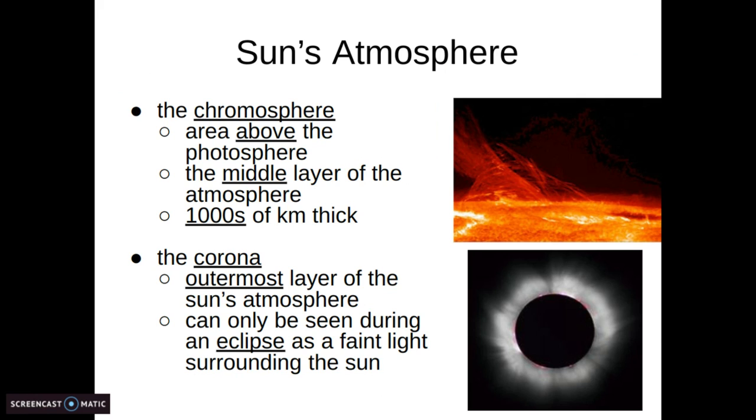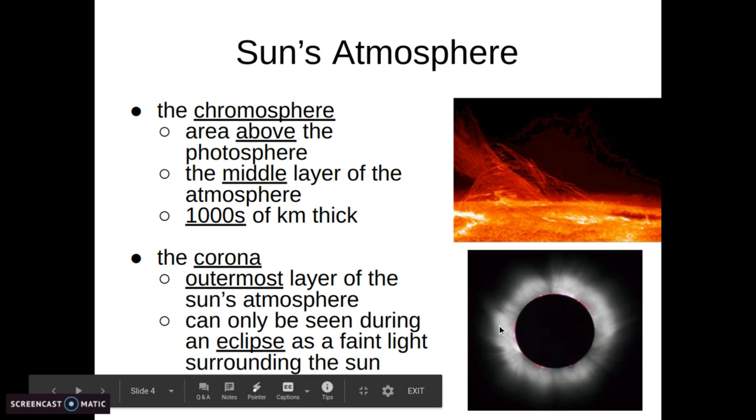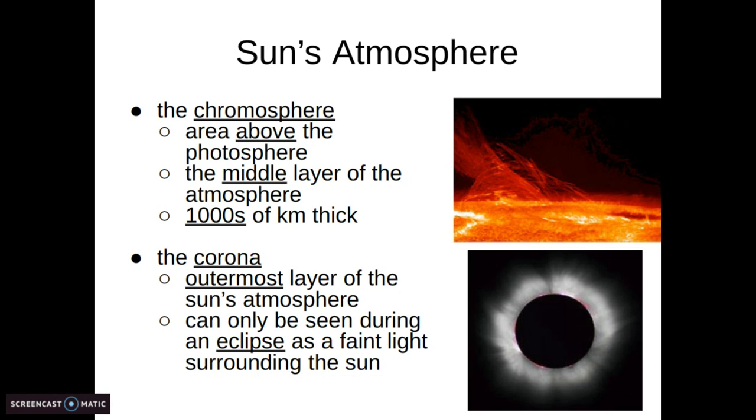The corona being the outermost layer of the sun's atmosphere. We can only see the corona during a total eclipse. It looks like a faint light surrounding the sun. So you can see here in this image, there's a total eclipse, and the corona is shown as shining around the sun, which you cannot see because the sun's too bright. So you only see it during a total eclipse.